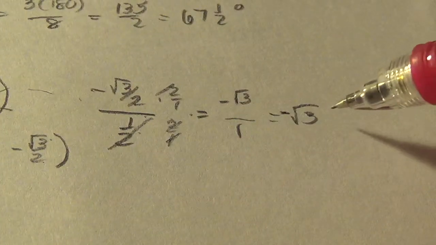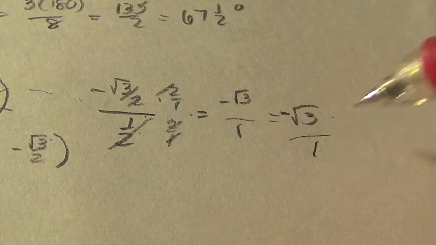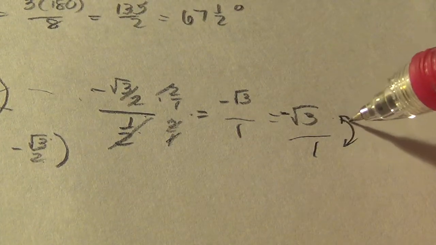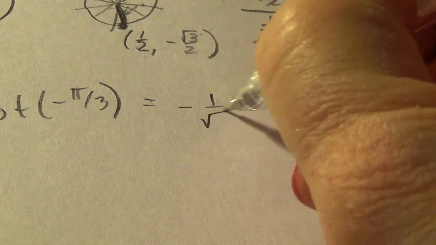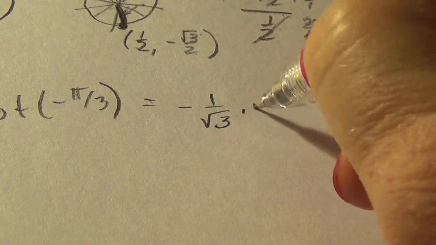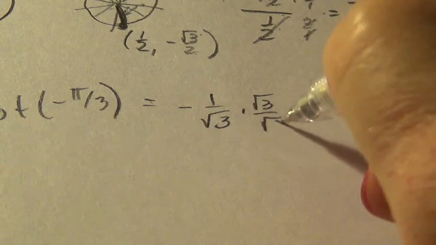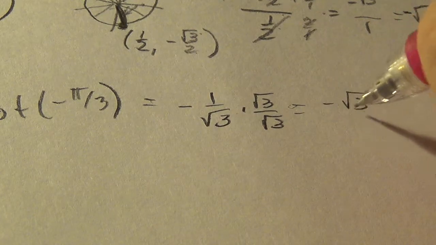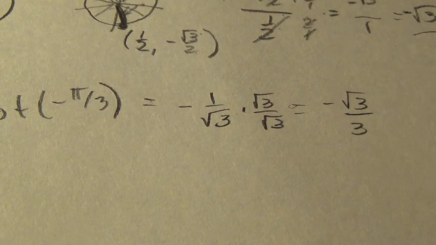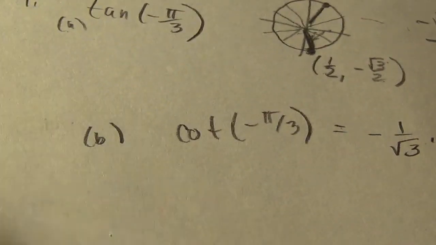We already know what tangent is, so we're just going to flip it upside down to get cotangent. So that would be negative 1 over the square root of 3. But we always rationalize when we have square roots in the bottom, and we get negative square root of 3 over 3. And that is the cotangent.